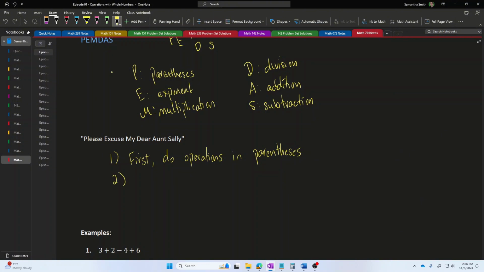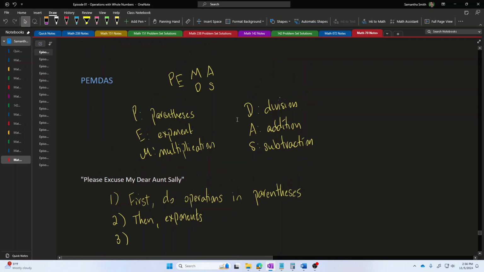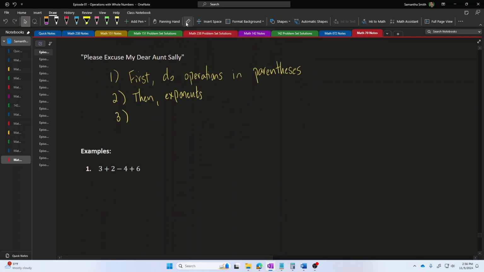Then do all the exponents. Then do all of the multiplication and division, moving from left to right.